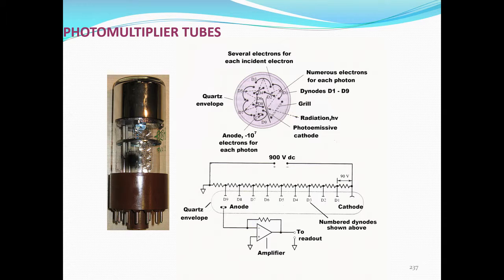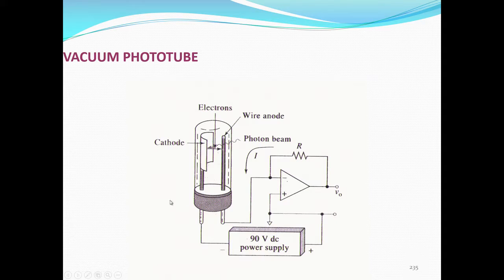Here what I have is essentially the same thing as last time, photomultiplier. Here instead of one cathode, I have a number of cathodes in the same vacuum tube and connected to the power supply, but maintained at different voltages. So, what happens?